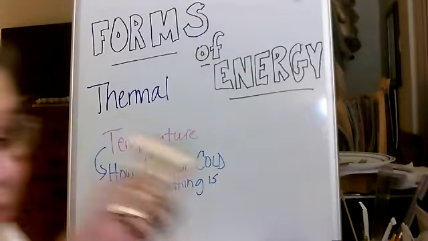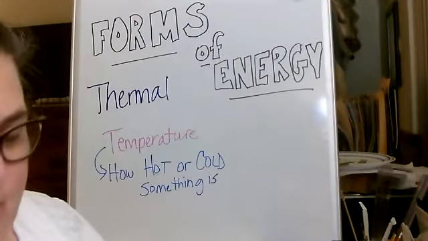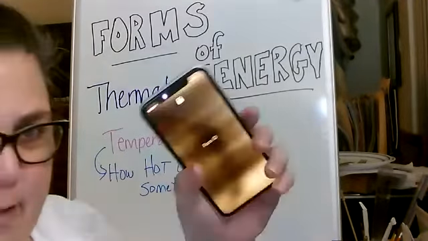I'll tell you how I calculate the differences in temperatures, and that is my good old iPhone. So watch this. I'm going to go to my phone here, and we'll put in temperature conversions.